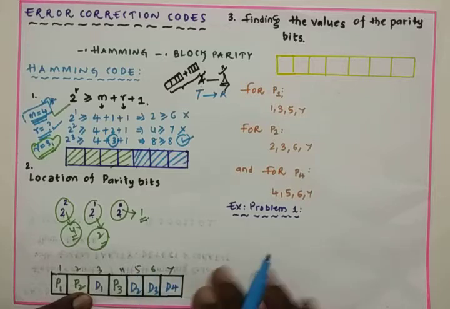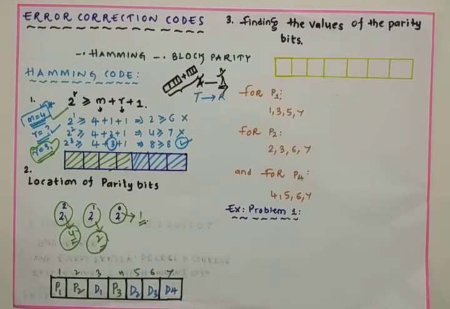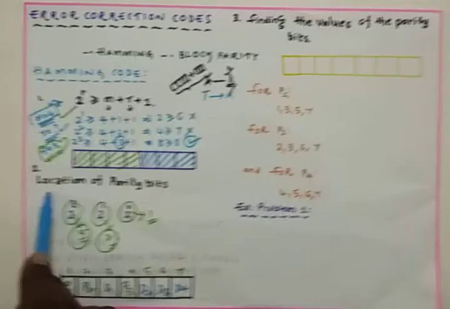This is the location of the parity bits. Here the point is very clear. If 4 bits are there in the data, then we have to add the 3 parity bits by checking this condition. After knowing the number of parity bits, the question is what is the location of the parity bits?